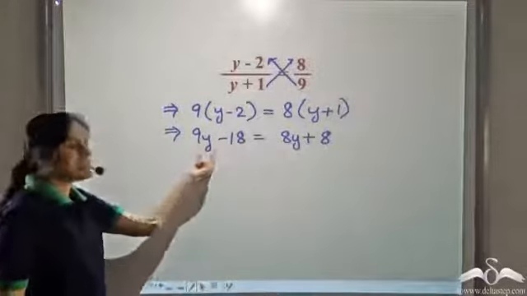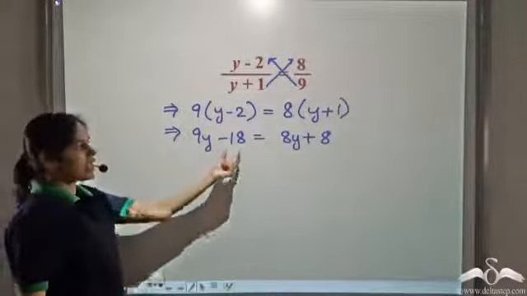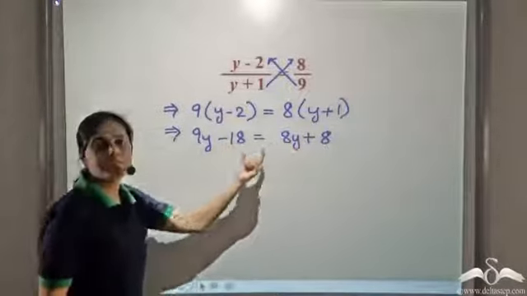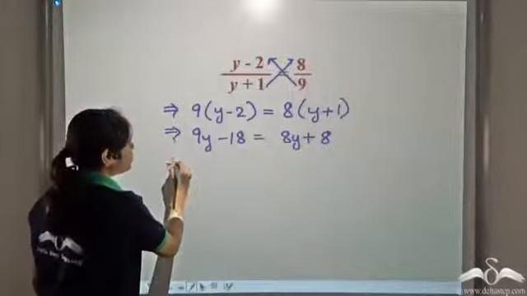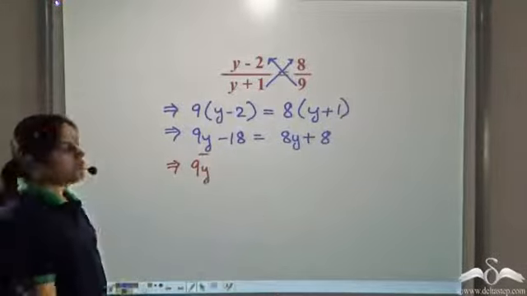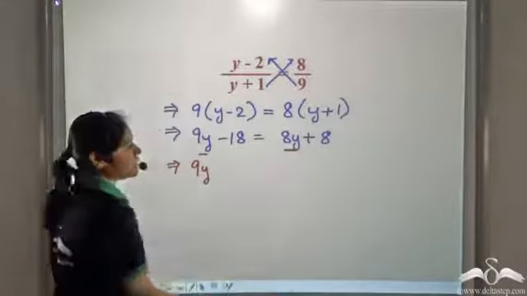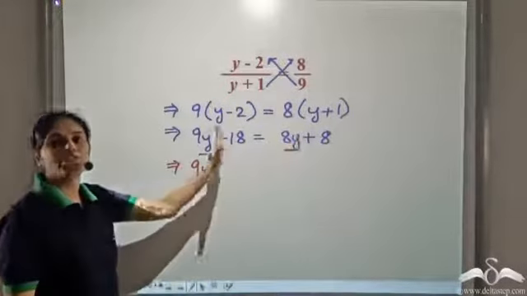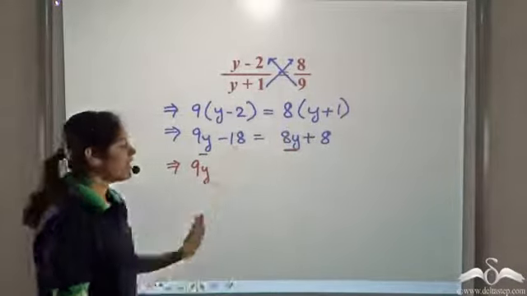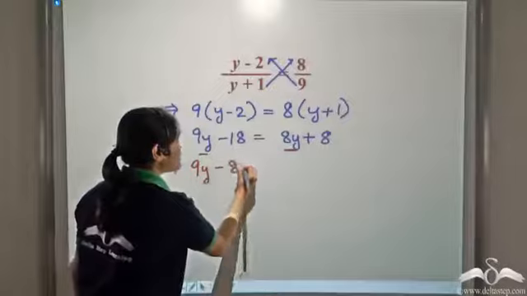So we bring 8y here and take all the constants on the other side. So take negative 18 here. So we have 9y. We write 9y. Now 8y has to be taken from right hand side to the left hand side. So if we transpose plus 8y, it becomes negative 8y.